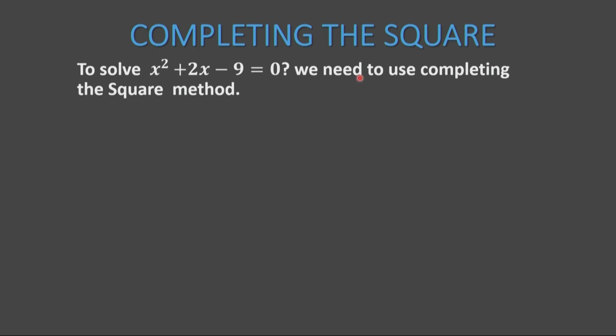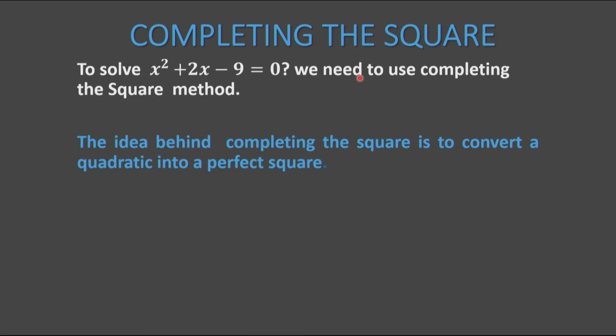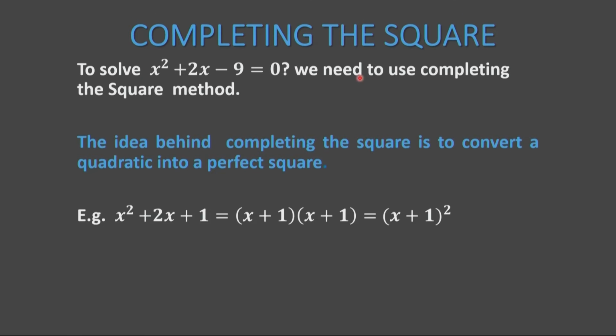The idea of completing the square has one purpose: to change that quadratic expression to what we call a perfect square expression. In a perfect square expression, I have two equal factors, the way we saw x plus 2 times x plus 2, that was the same. Look at this example.